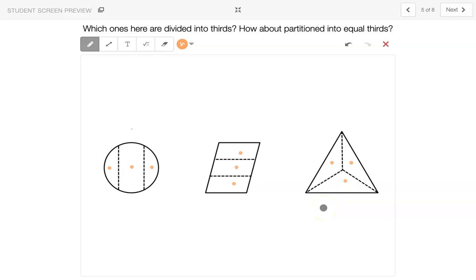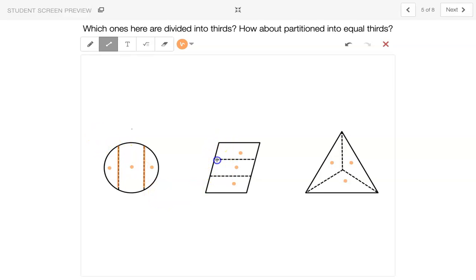They're divided into 3 sections, but are they equal parts? So let's analyze them. This line here, this line here, and we can see that these 2 shapes here do not match the middle section. So this is not partitioned into equal thirds.